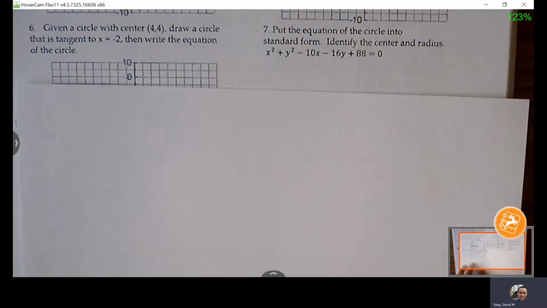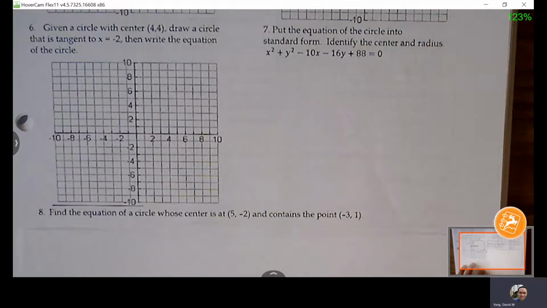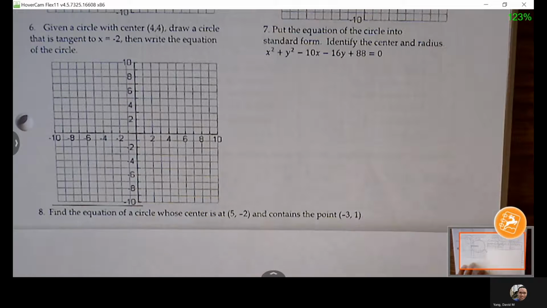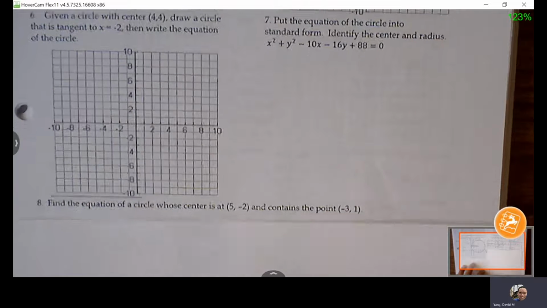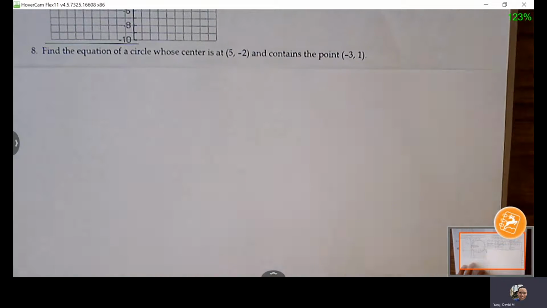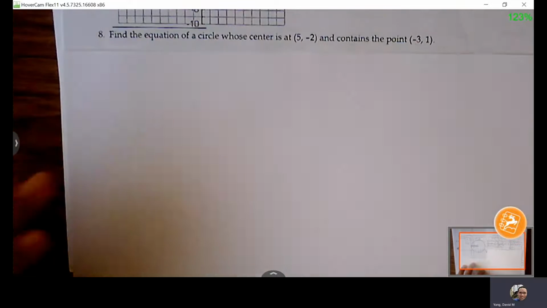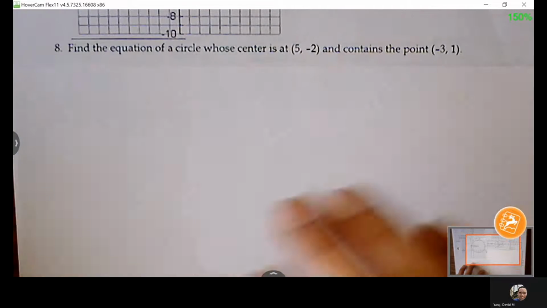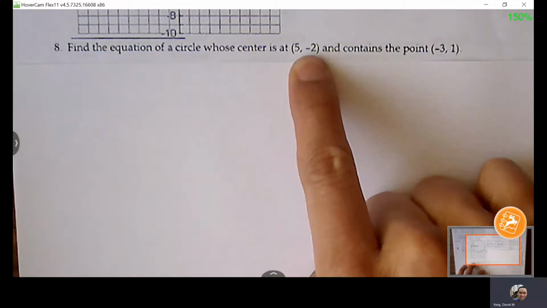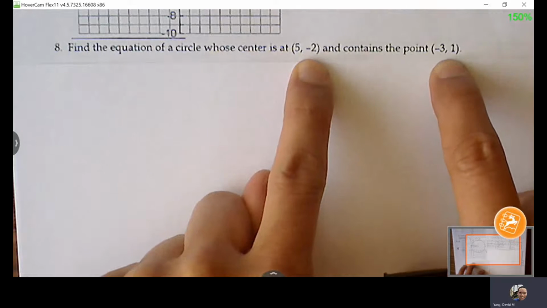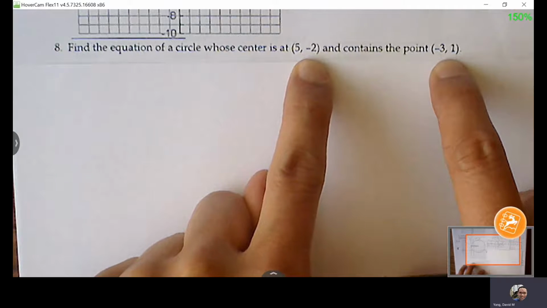Okay, I want to work number 8 from scratch so I can show all the steps here. So here's number 8. Here you're given the center and an arbitrary point on the circle.